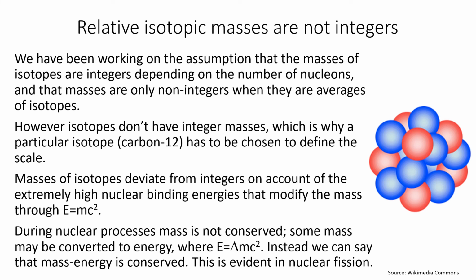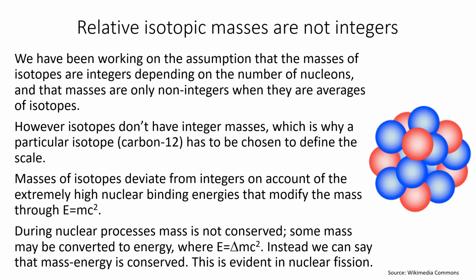This is very relevant when it comes to looking at nuclear processes, because in a nuclear reaction the exact masses are not going to be conserved, and in order to conserve mass-energy we end up converting mass into energy potentially. So our E = mc² equation we might write as E = Δm c².